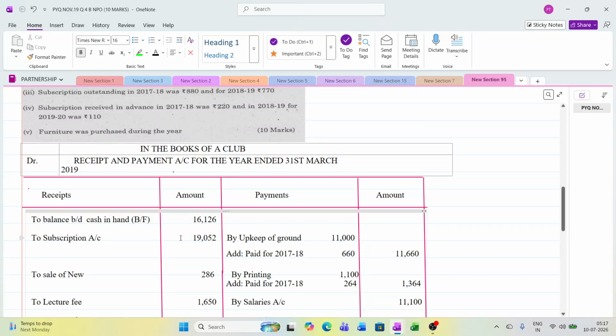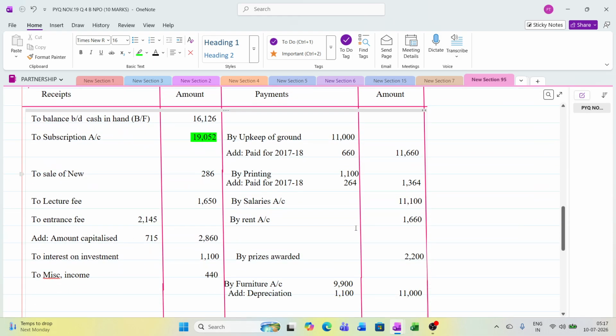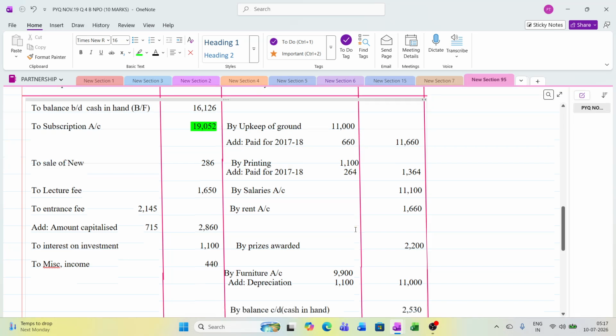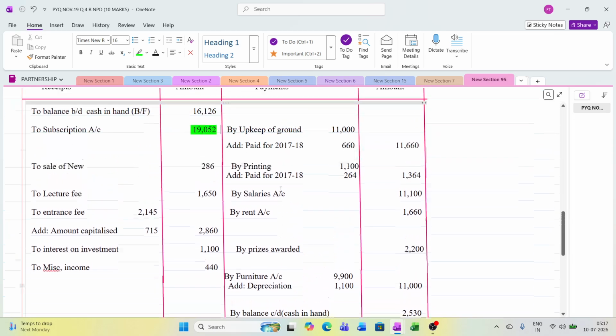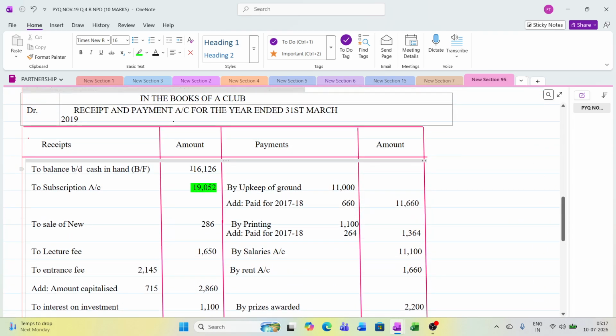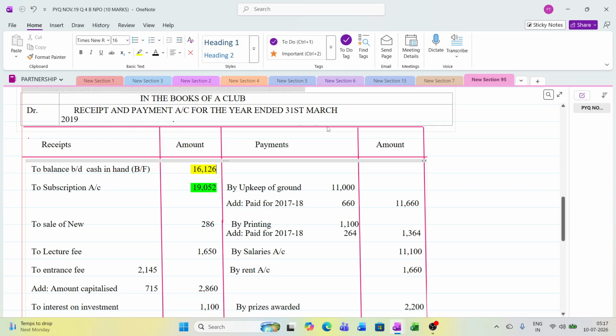See here, 19052. You have transferred it. So now everything is done. Subscription was pending, so we did it. Now total this side and put the total on this side. Take the balancing figure. This is your answer. Cash in hand. Okay, so this is your answer.